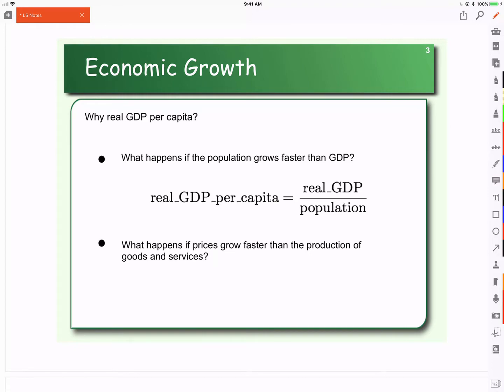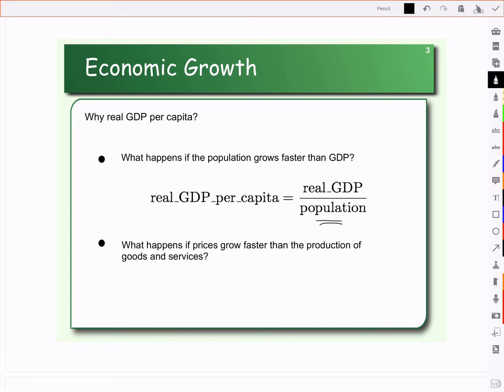So we divide by the size of the population. The other part we see in this formula, besides the population part, is the real part. And when we talk about real gross domestic product, we are taking out inflation. And so what we want to do is figure out, how do we take out inflation? And why would we do it?